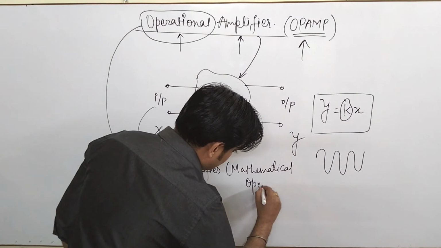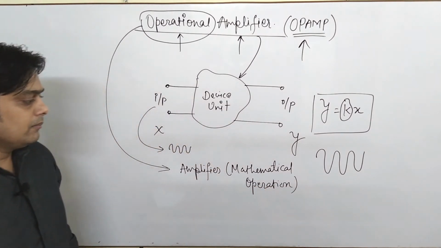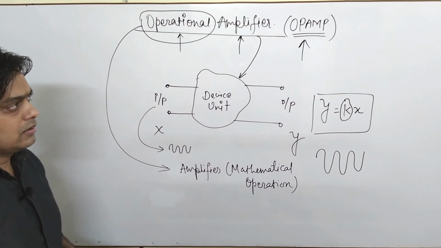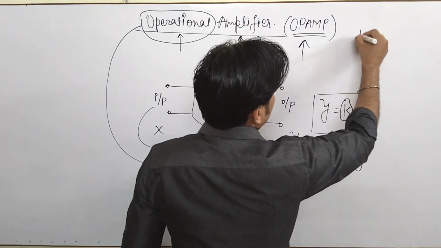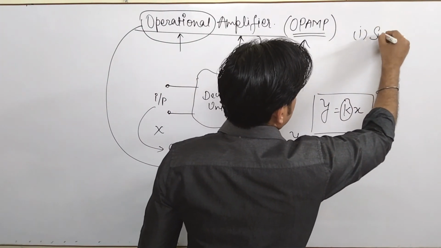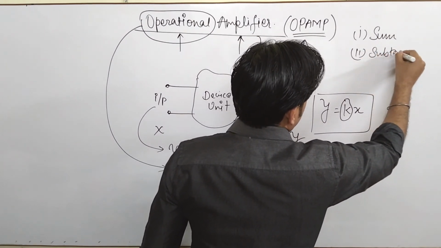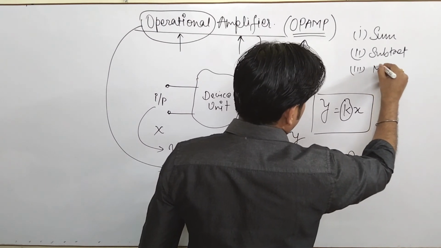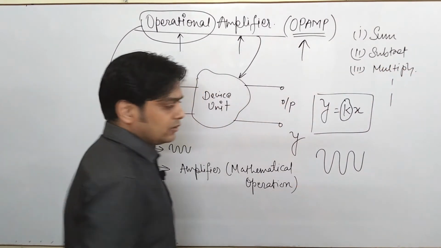Definitely it's a kind of mathematical operation. What is mathematical operation? Mathematical operation means simple: if you have to sum, you have to subtract, you have to multiply, and so on.